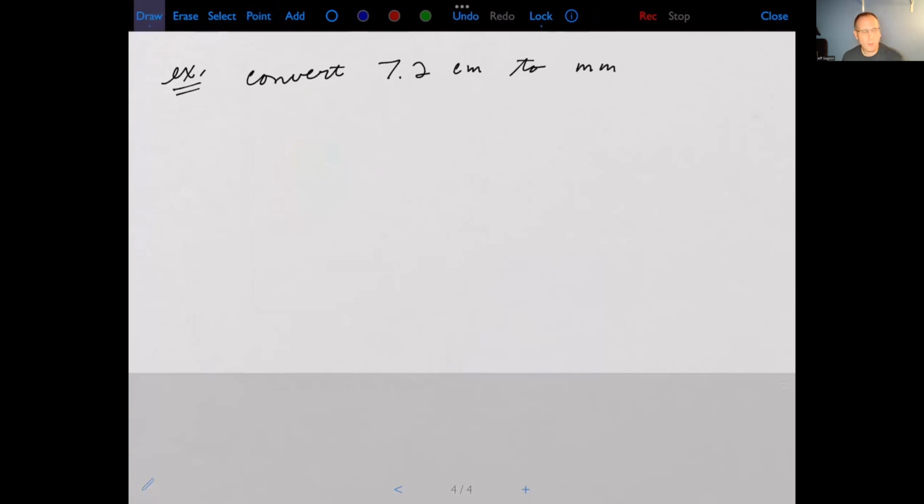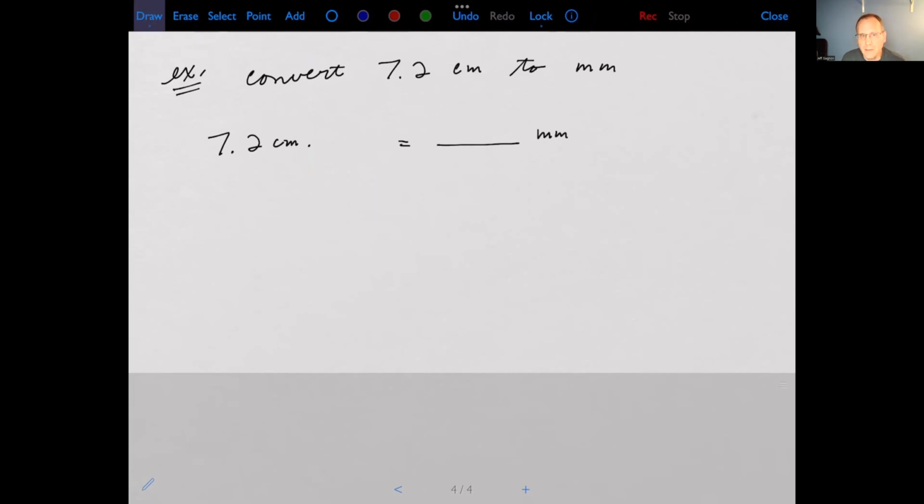Okay, now again, we can always use unit conversion factors. They will always work. We'll see in a second, as long as we know that we're within the metric system, there is an easier way to do conversions, and I'll show you that in a minute. But let me first show you unit conversion factors, because unit conversion factors will always work. So first thing, I'm starting with 7.2 centimeters. I want to multiply by a unit conversion factor, and I want my answer to be in millimeters.